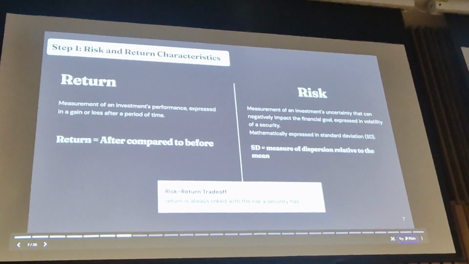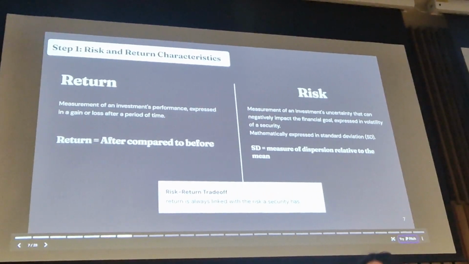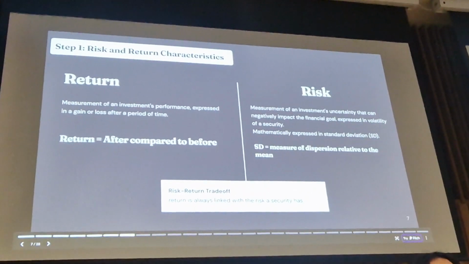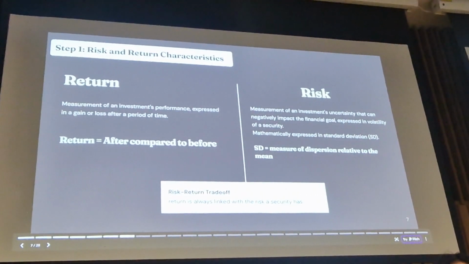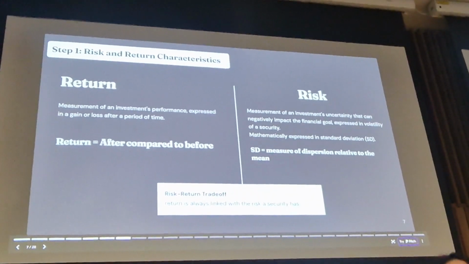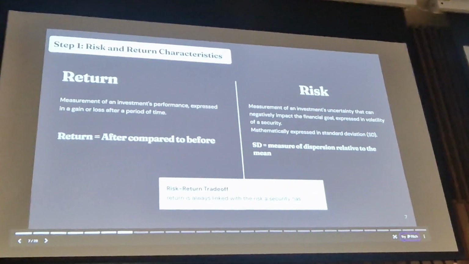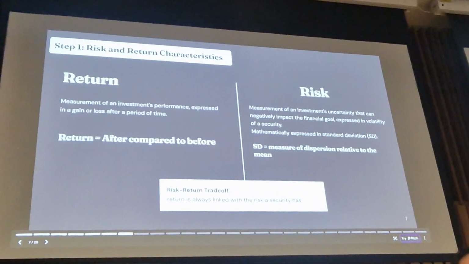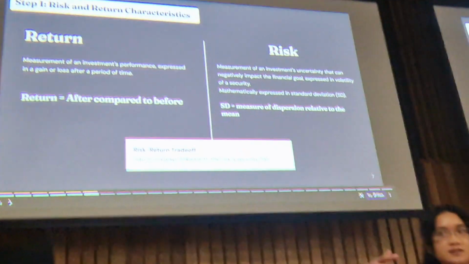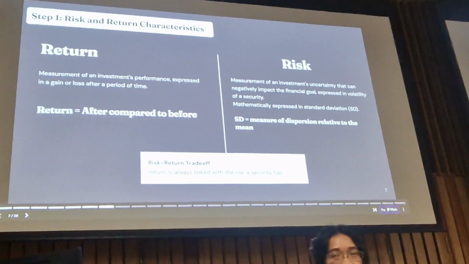And then the risk is quantified for the uncertainty, investment uncertainty. It's measured as the standard deviation, which is the dispersion about the mean. And why is it not variance, although in English language, variance sounds more intuitive, right? But standard deviation is the first degree, while variance is the quadratic, so it's easier to intuit the concept.